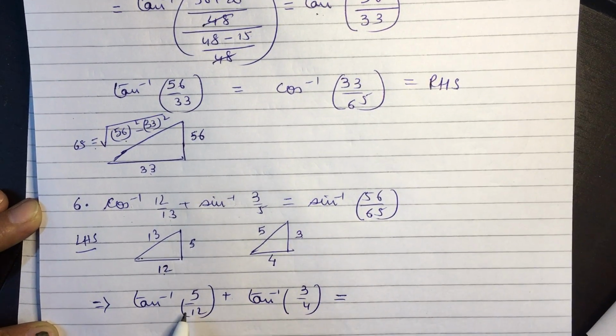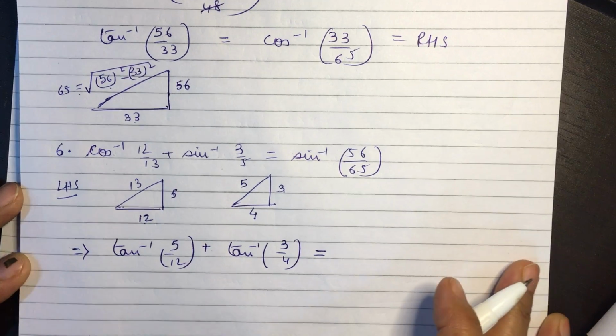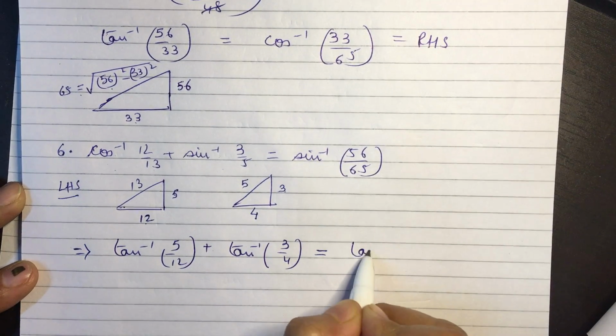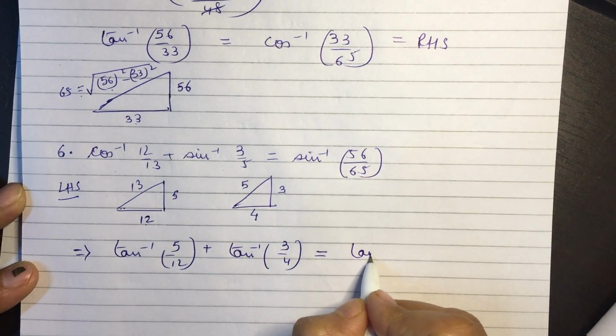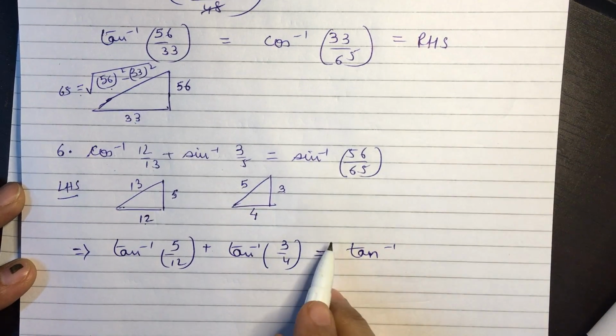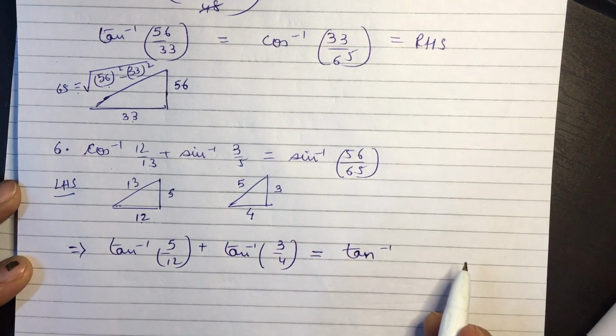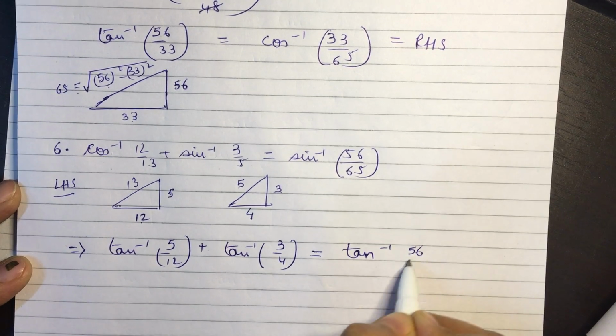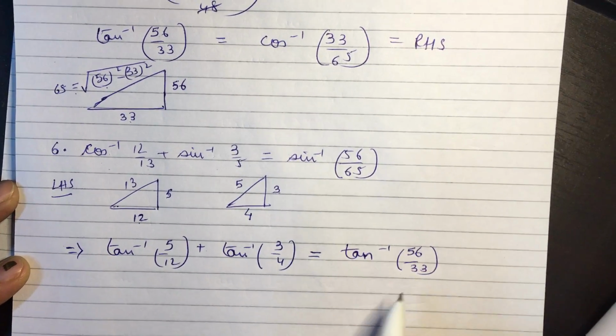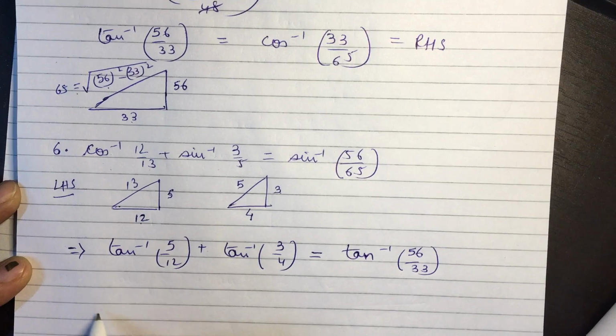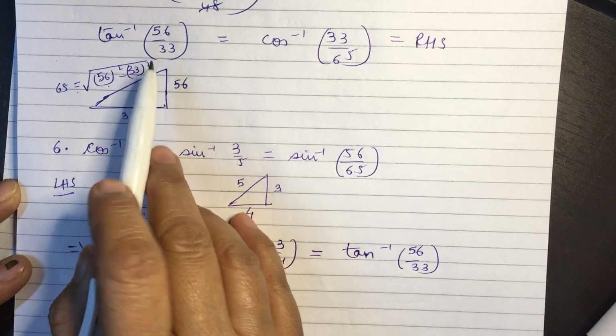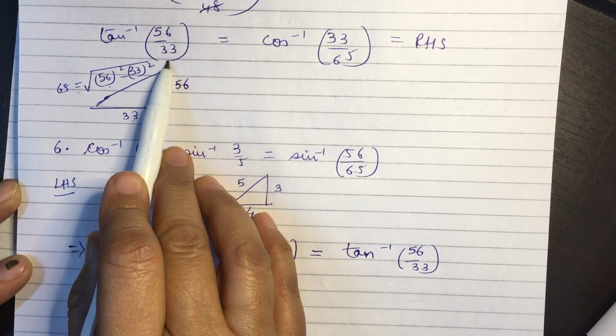which on applying the formula for the sum of two tan inverse functions gives us tan inverse 56 over 33. Now we have to convert this on the same lines as before.